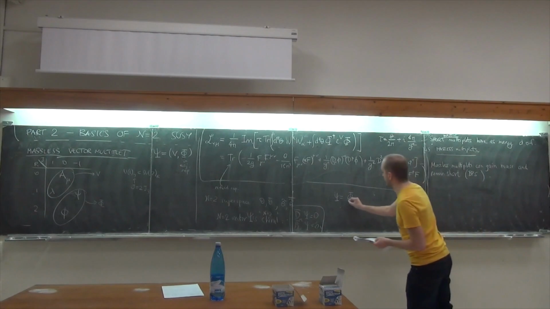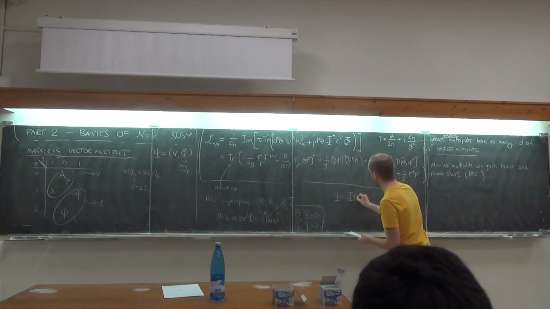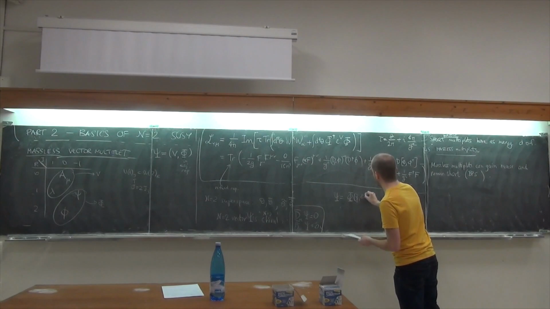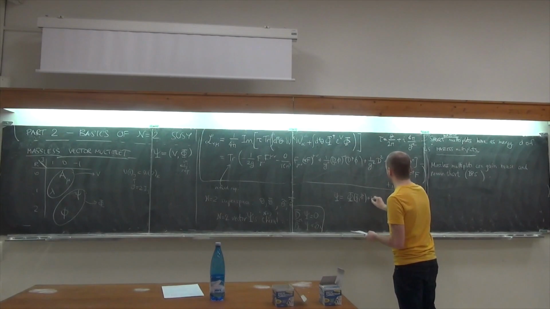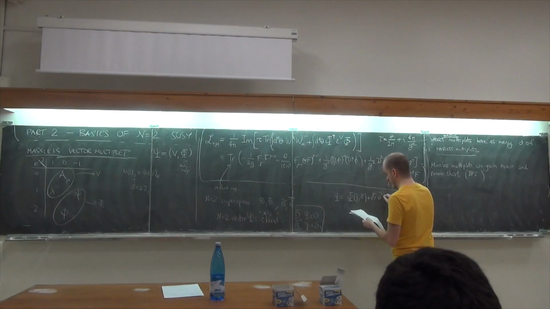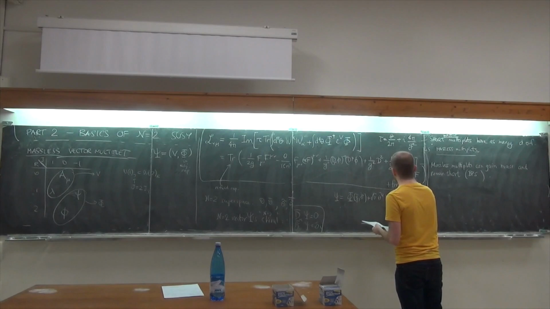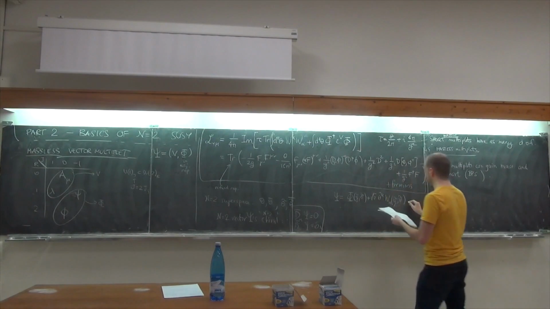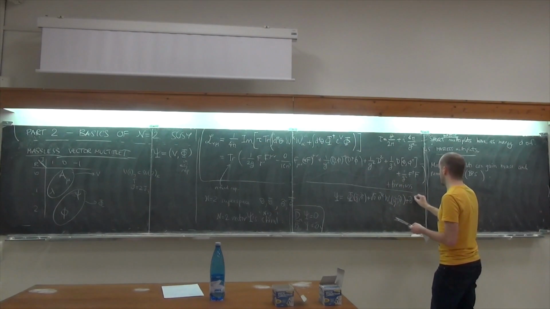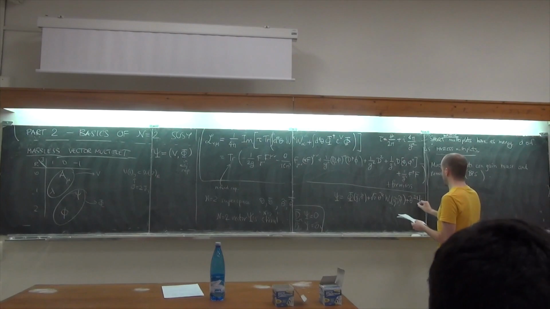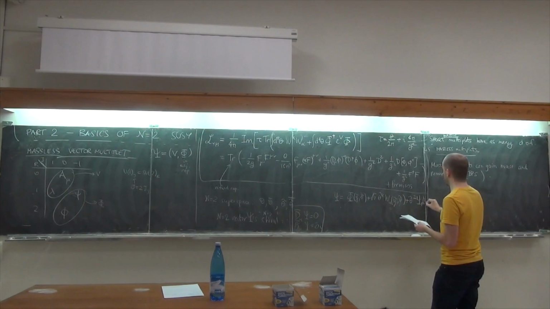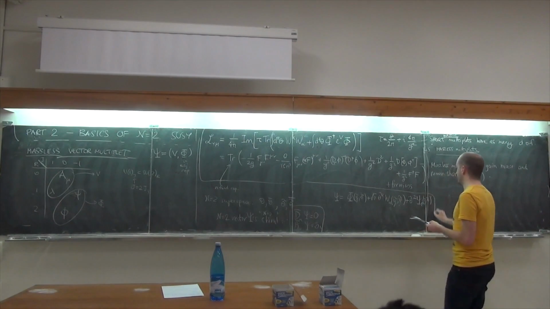You get some field phi, which is a function of y tilde, theta tilde, plus square root 2 theta tilde alpha W alpha of y tilde, theta tilde, plus theta tilde squared psi F of y tilde, theta tilde.